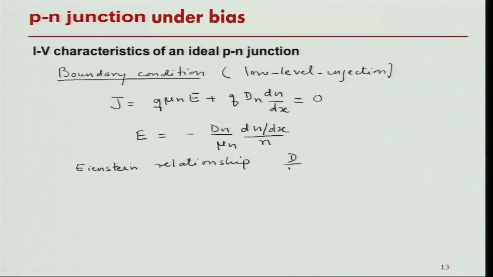The diffusion constant and mobility are related by the constant k T by q, the charge, and if I use that, all I am saying is that the field is given by k T by q times dn(x) over n. Now, we already know that the field is nothing but the negative differential of the potential, hence I can integrate this equation to relate it to the potential.